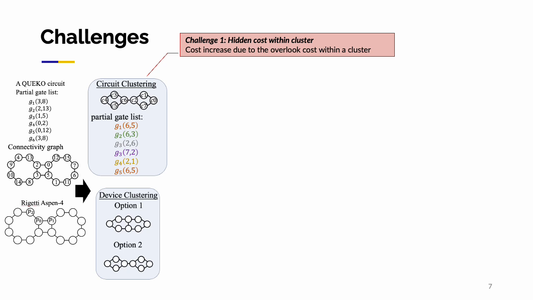So if on the device side, we don't have a cluster with actual connectivity, then when we do declustering, we will have significant cost increase. So to ensure that we have accurate cost estimation, our solution is to keep the compression rates equal to 2 to ensure liberal cost execution within a cluster.